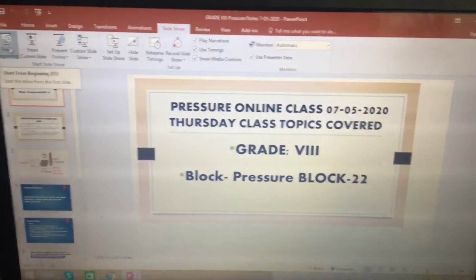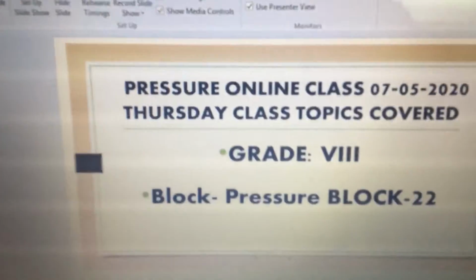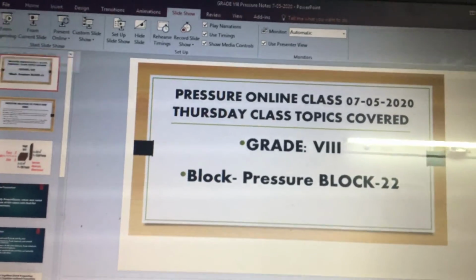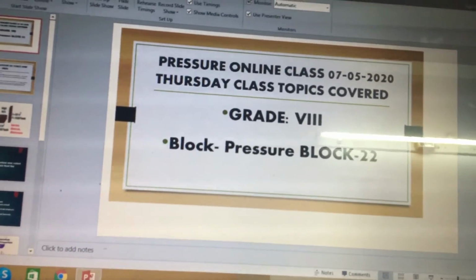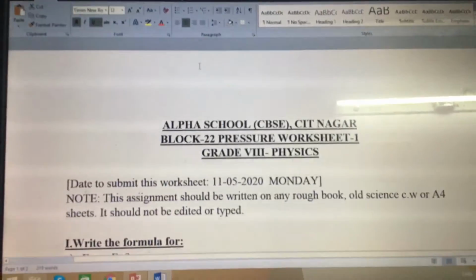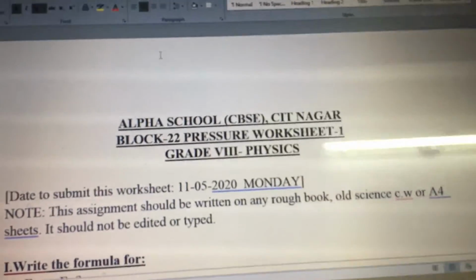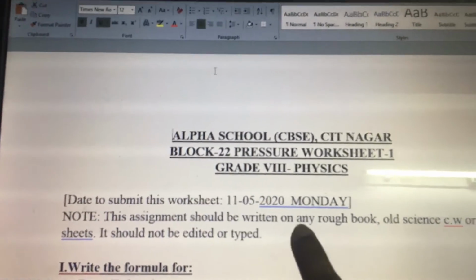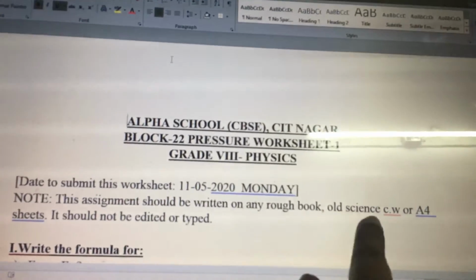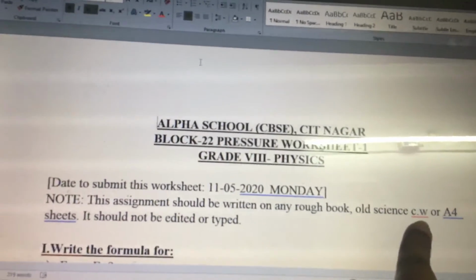Children, this is what I have covered in today's class in the morning, which some people have missed, but no problem. There is a worksheet I have attached. Don't worry, you have a lot of time to complete that. I have given some instructions here. Read them clearly. You have time to submit them. Please don't type anything. It has to be done in any old classwork or any A4 sheets.